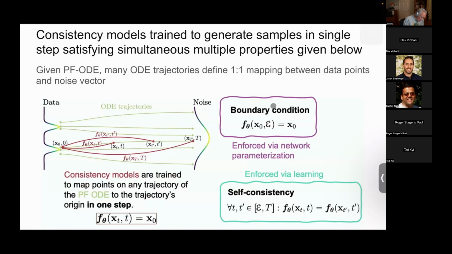However, it needs to meet the boundary condition: when t is really, really close to 0, at epsilon, which, I think, by the convention in diffusion models is the starting point of the first noise that you inject, then this function should give you x0.